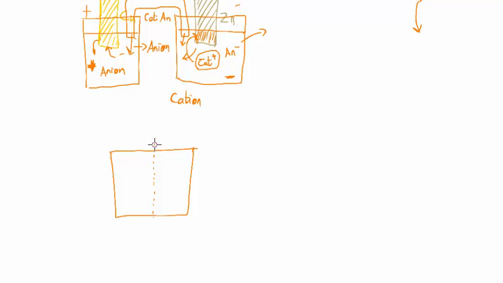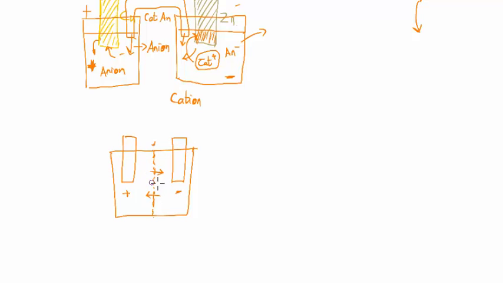If I have a porous membrane here, it doesn't allow solids to pass through, but it does allow ions to pass through. Since on this side I have a negative charge and on that side a positive charge, the charges can interact and go through to react on either side, and also allow a current to flow.